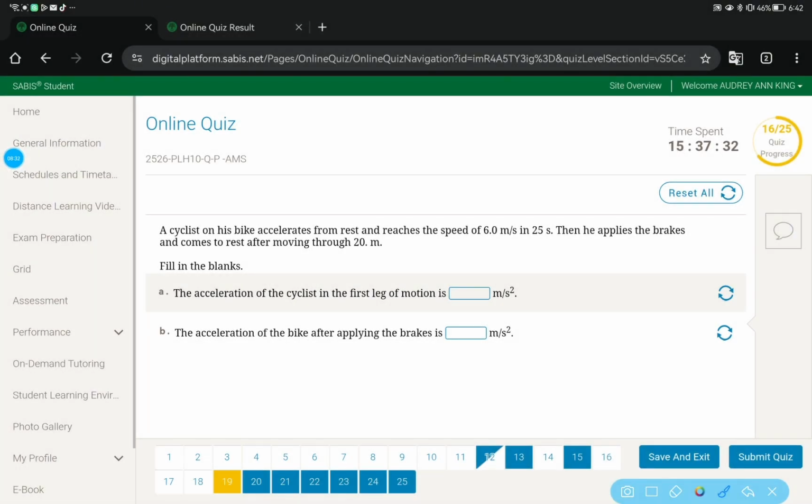We have the initial velocity, which is 0, and we have our final velocity, which is 6. We have our time, which is 25. We have our final position, I think.